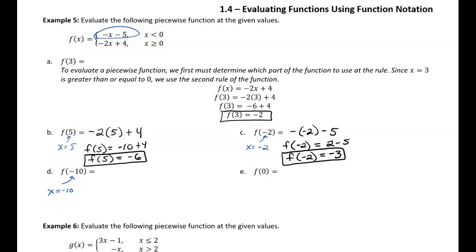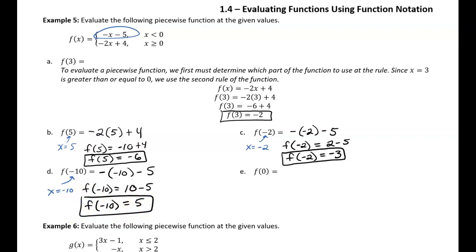So I'm going to use my first piece of my function. There's my skeleton, again, minus from this x here, minus x. And then I'm going to plug in my negative 10. Negative turns positive, minus 5. And we get f of negative 10 is equal to positive 5.